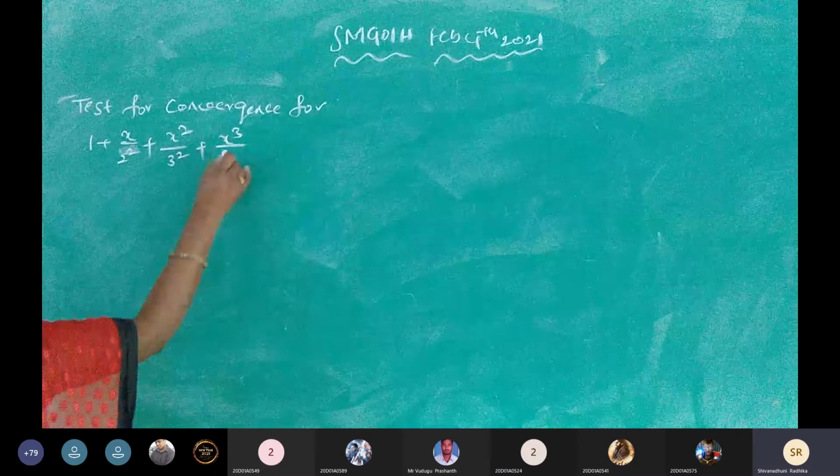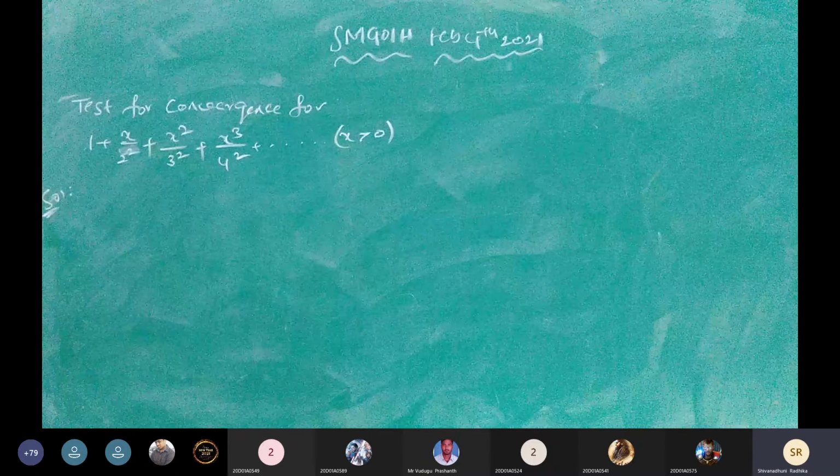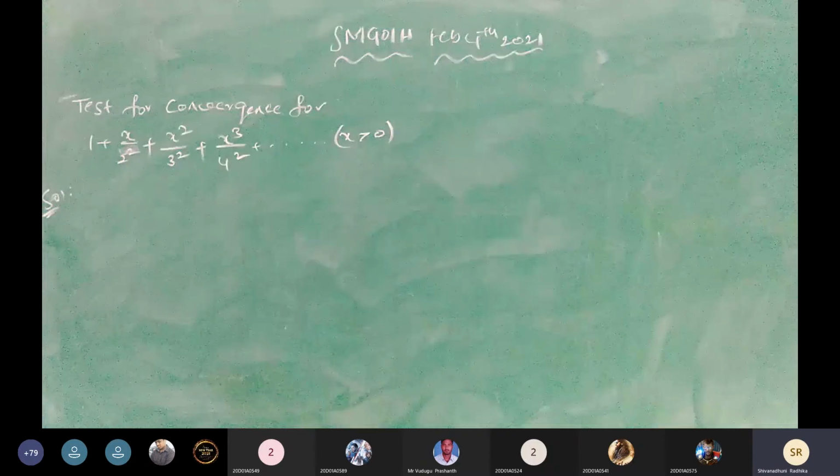Which method do we have to apply for this problem? Which method do we apply?